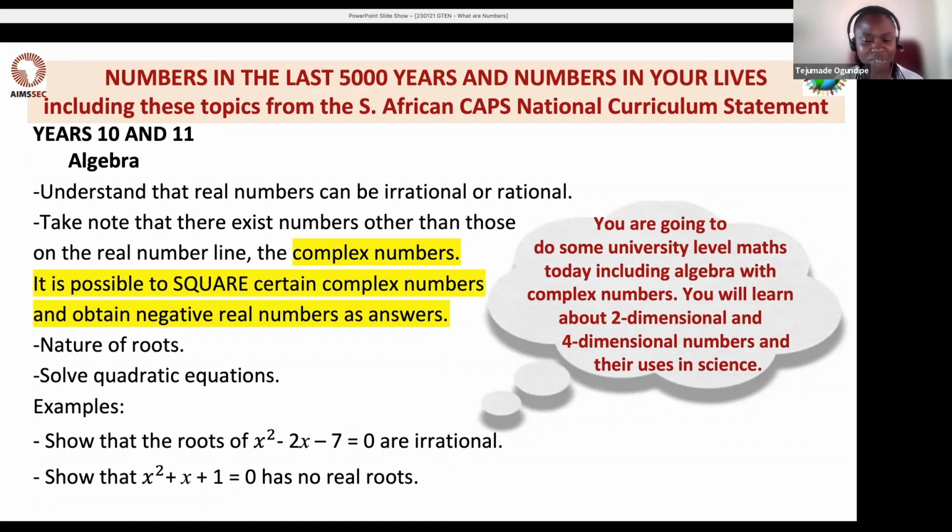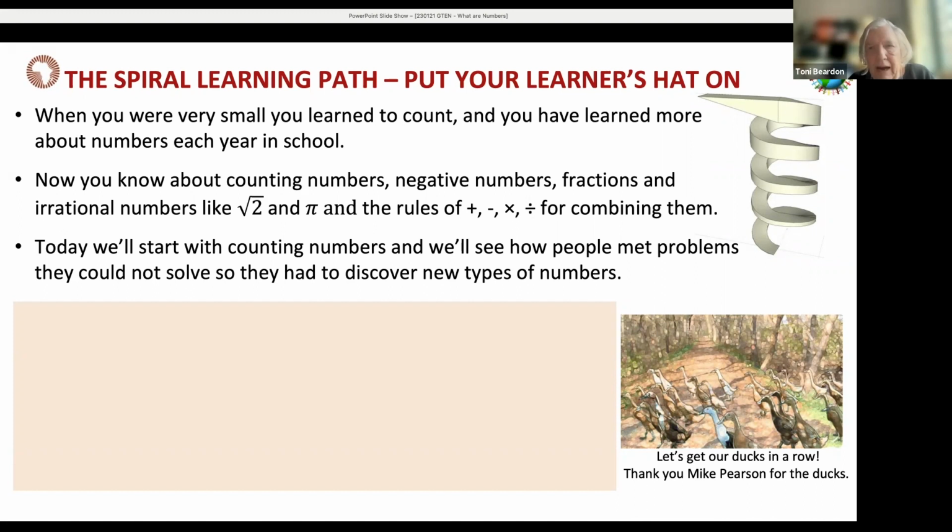Just like we said, you need to put yourself in the position of your learners. So we want to look at some of the university mathematics that we have done, including algebra with complex numbers. You will learn about 2-dimensional and also 4-dimensional numbers and their uses in science. Let's go right back, and we want you to think of yourselves as learners now.